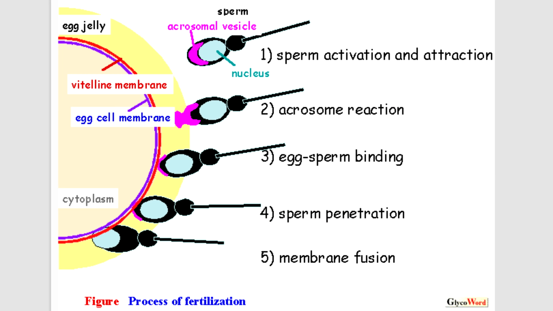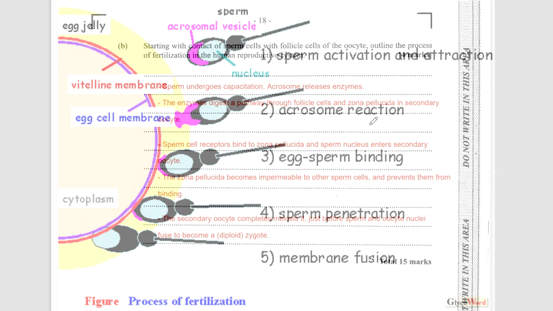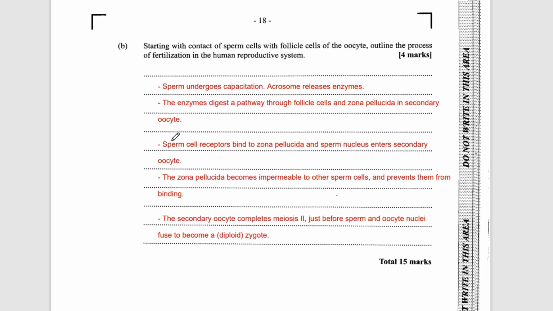So basically the sperm, you could think of it kind of like it had to digest its way through to get to the female nucleus. Sperm cell receptors bind to the zona pellucida and the sperm nucleus enters the secondary oocyte.